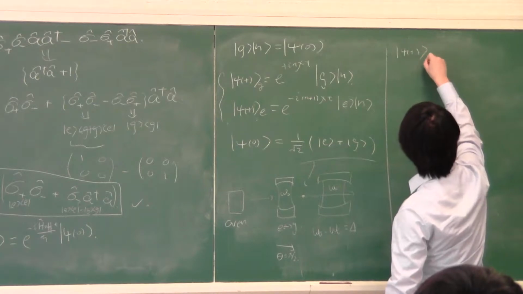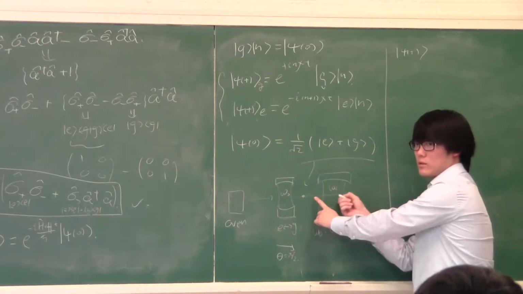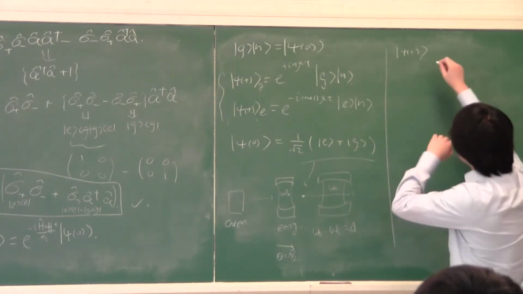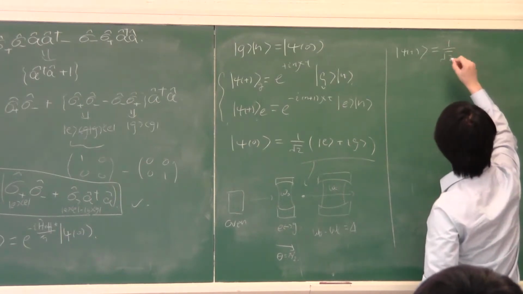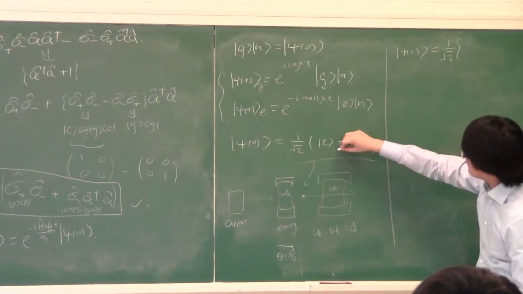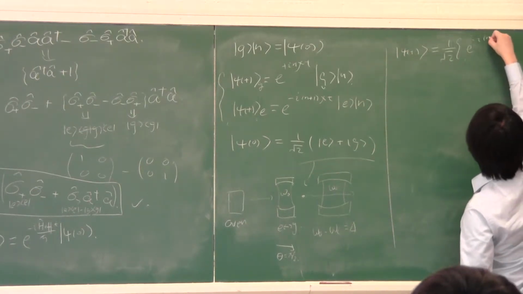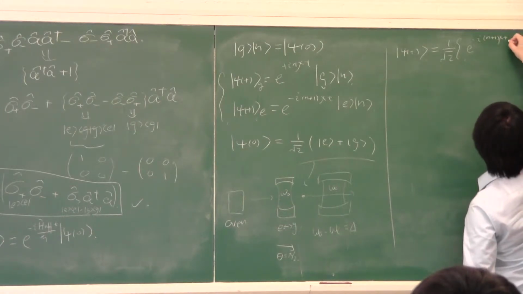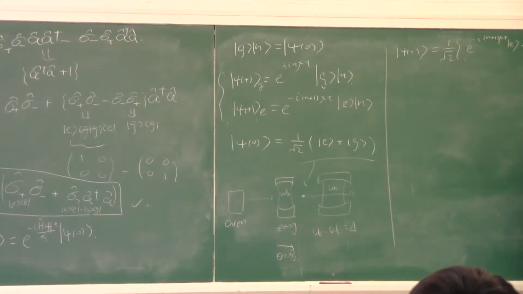So psi of t, where the time t is the time the atom spends in this cavity, psi of t is equal to 1 over square root of 2. Well, e goes to this thing, so e to the minus i (m plus 1) pi t over 2, plus e to the i m pi t over 2.